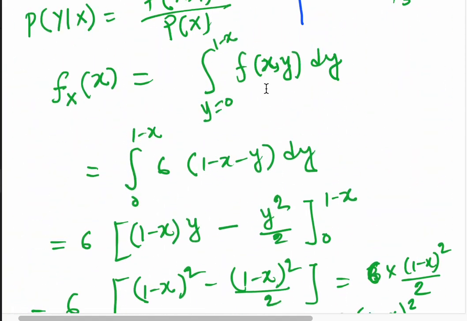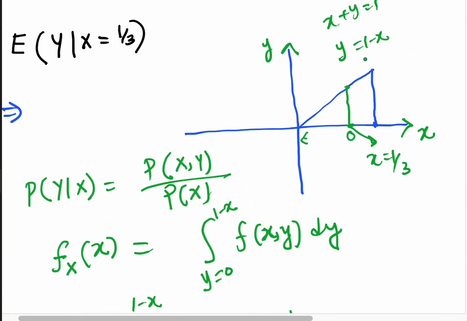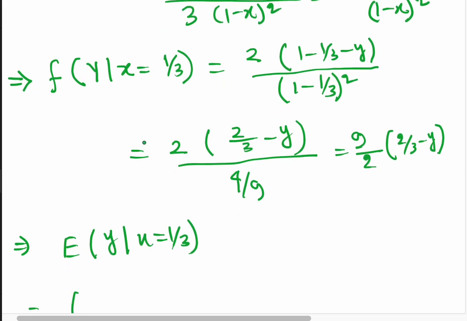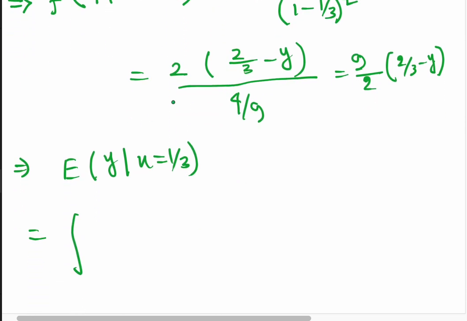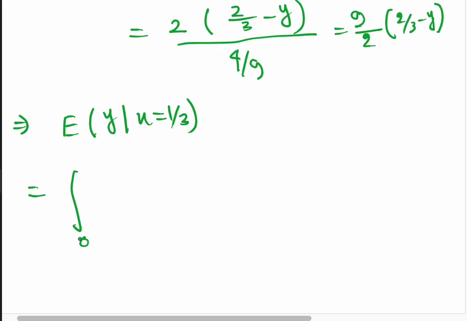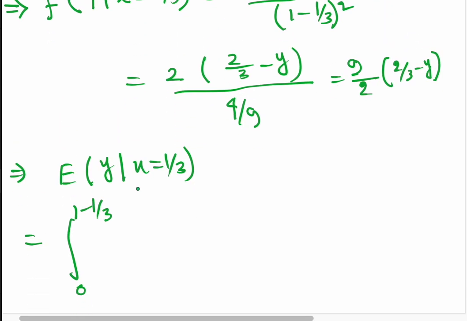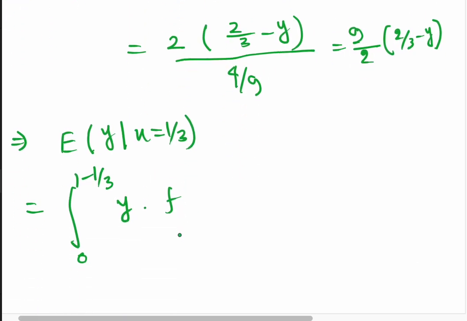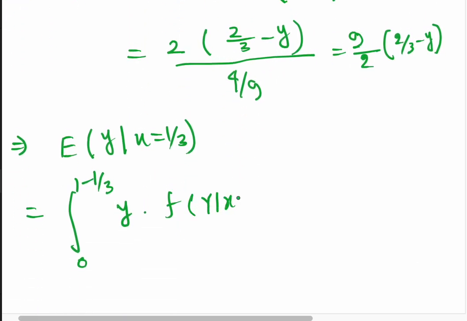Outside this region, in all other points, the density function will be 0. So we need not integrate on those regions, because the integration value will always be 0. So we have to calculate only from 0 to 1 minus 1/3, y into f of y given x equal to 1/3 dy.